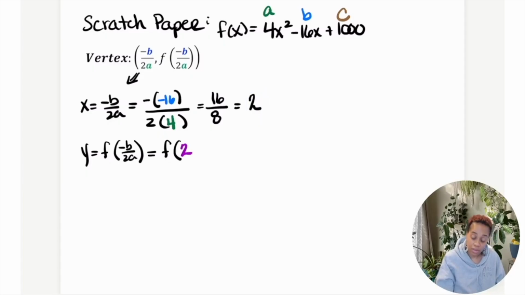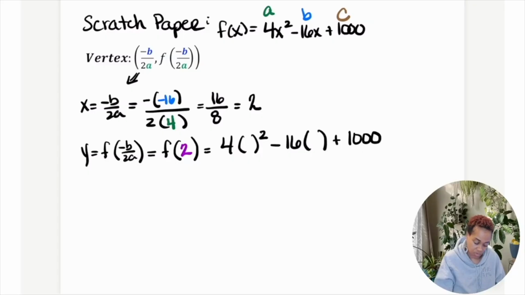Okay. So that means take 2 and substitute in for every x that you see in the quadratic equation. So let's see, we have 4, that number is going to be squared, minus 16 times x plus 1,000. So far so good. And we're saying that 2 needs to be substituted into every x, okay?